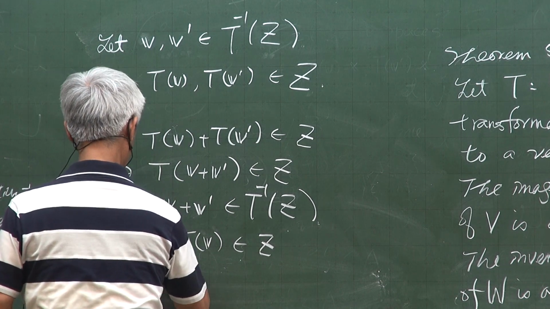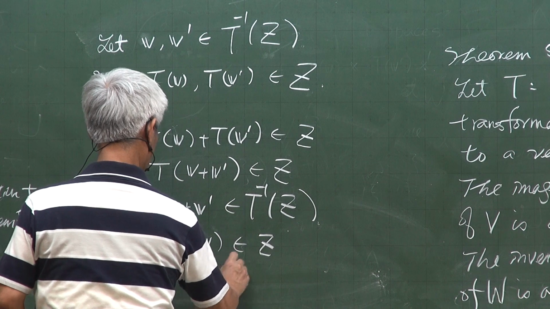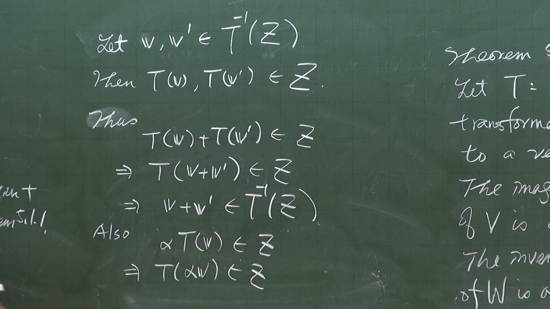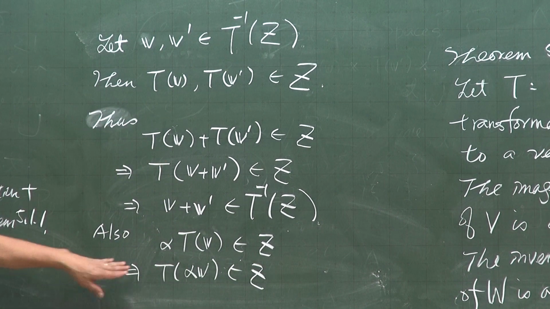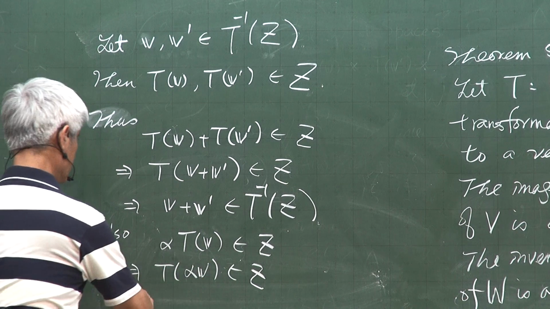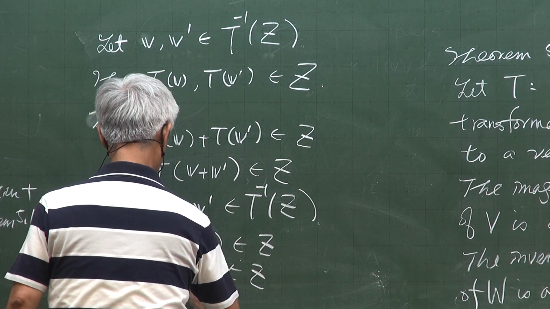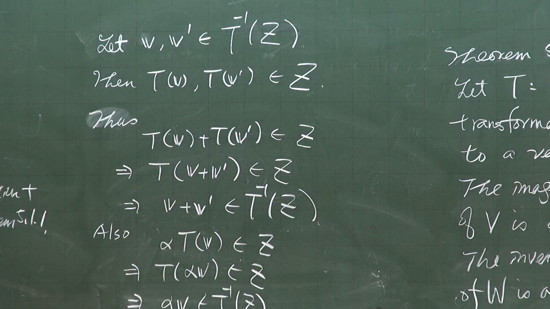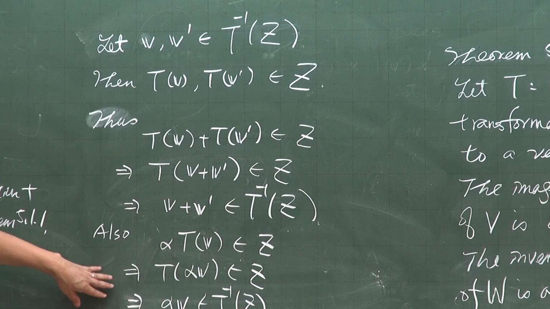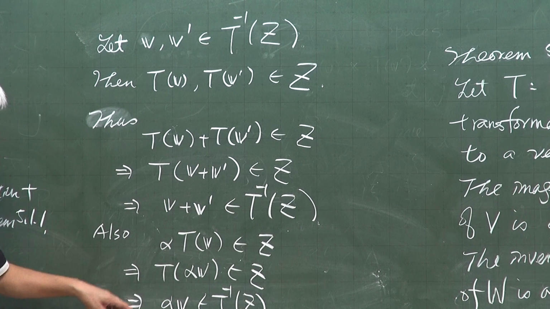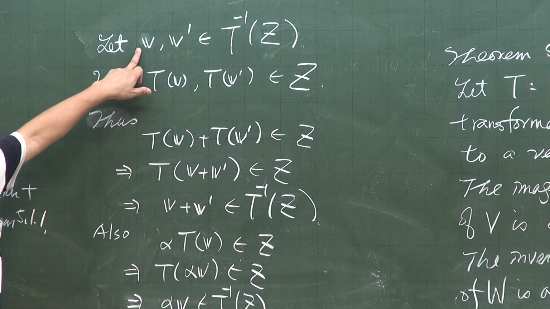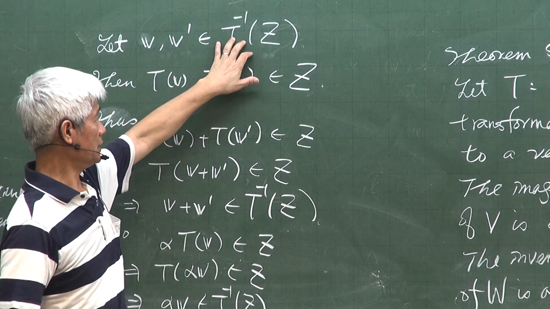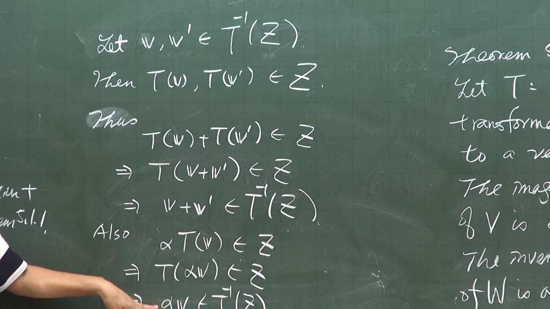And so this is T alpha V is in Z. So when T alpha V is in Z, that means that alpha V is in the inverse image of Z. Once again, you see that any vector in the inverse image of Z is closed under scalar multiplication.